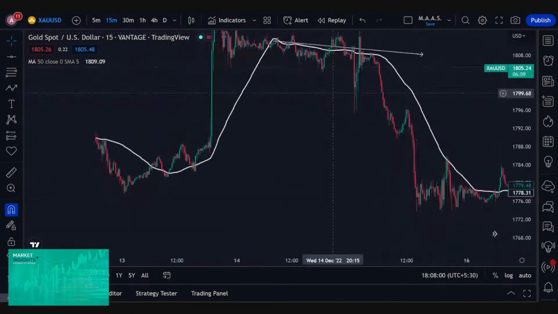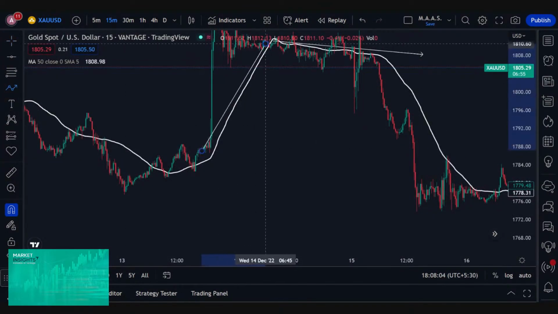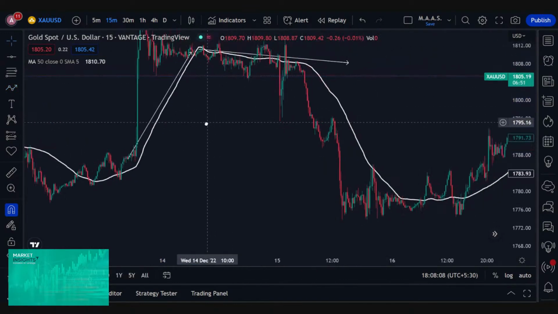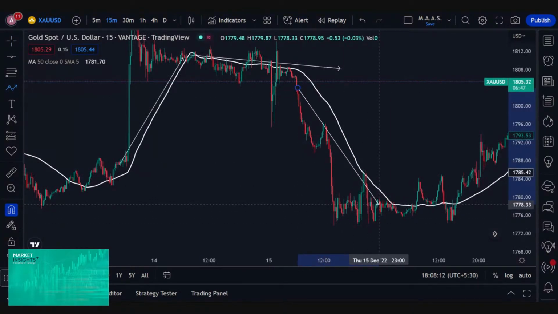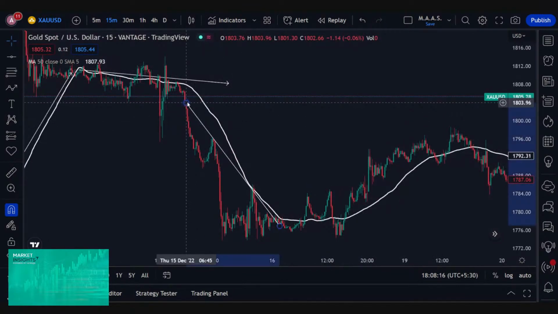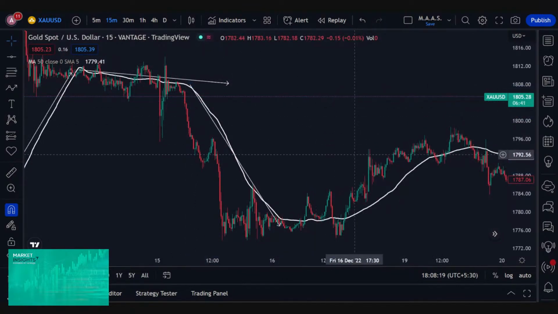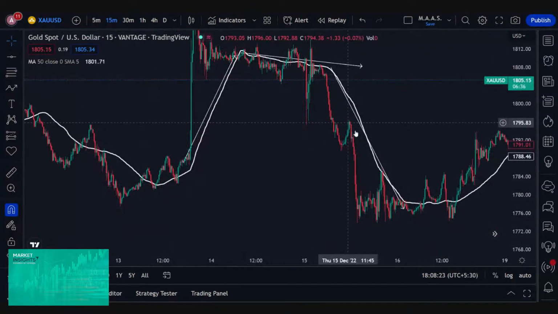Okay. If the trend is in uptrend, then the moving average will be like this. Obviously, right? And if the trend is a downtrend, then the line of moving average will be in a downtrend like this. Got it?